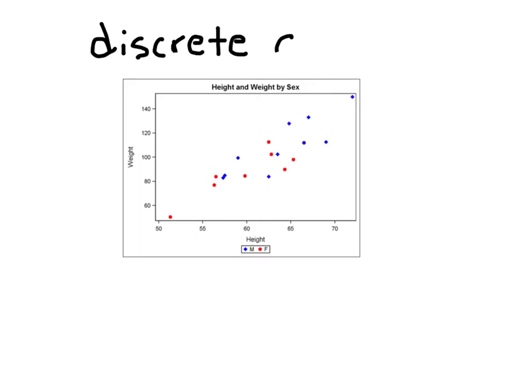A discrete graph is a graph that shows a set of separate, non-connected points. Usually we talk about individuals, or something discrete like the number of people that attended a baseball game.